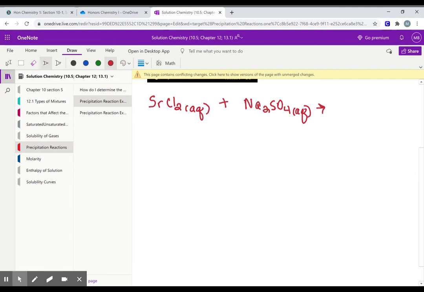So we should know that we can take our metals and they can switch partners. Now remember that when we go to the other side, we're again going to cross charges to make subscripts, to make new formulas. So strontium sulfate and the other substance we make is sodium chloride.